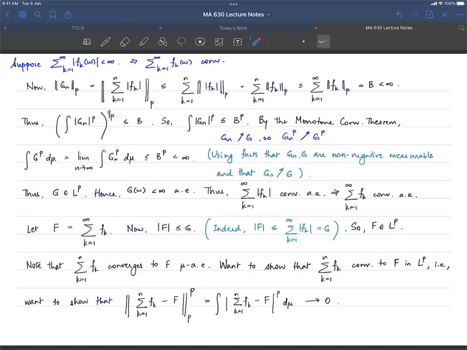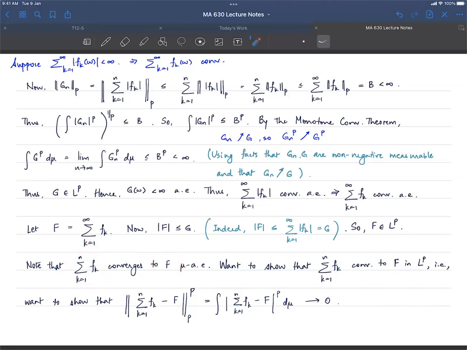Because to show that it converges in LP, you have to show that if I take this minus this, take the pth power and integrate, that will also go to 0. Right? Unfortunately, I don't have an example for you now, but the point is, you know that almost everywhere this guy converges to F. That means if I take this minus this and take absolute value, that will go to 0 almost everywhere.